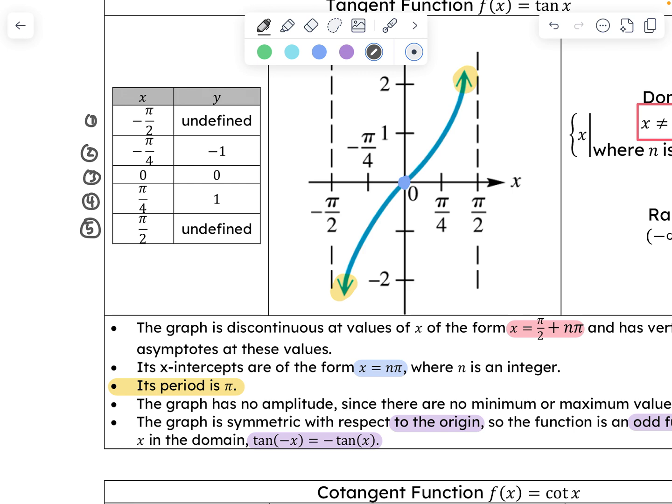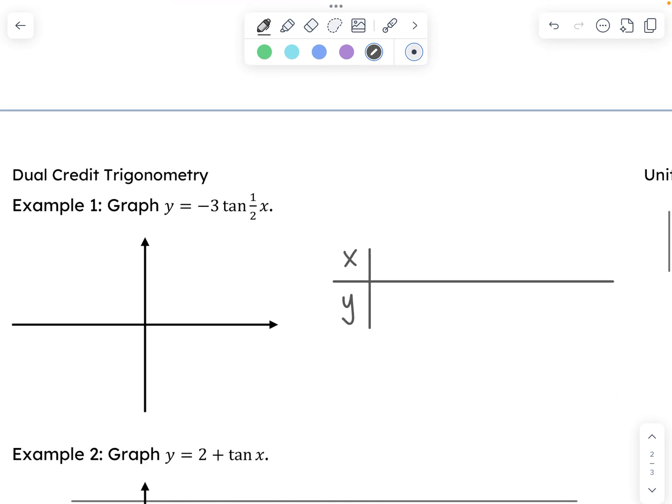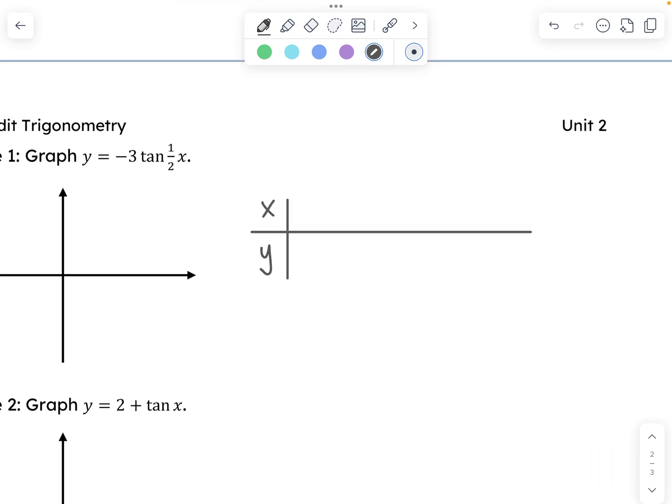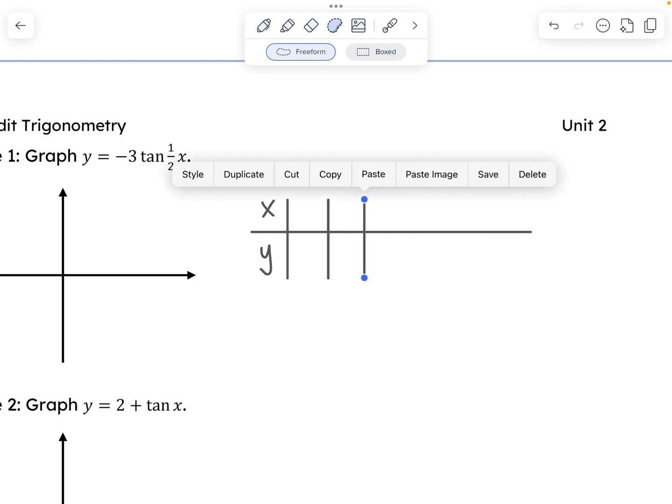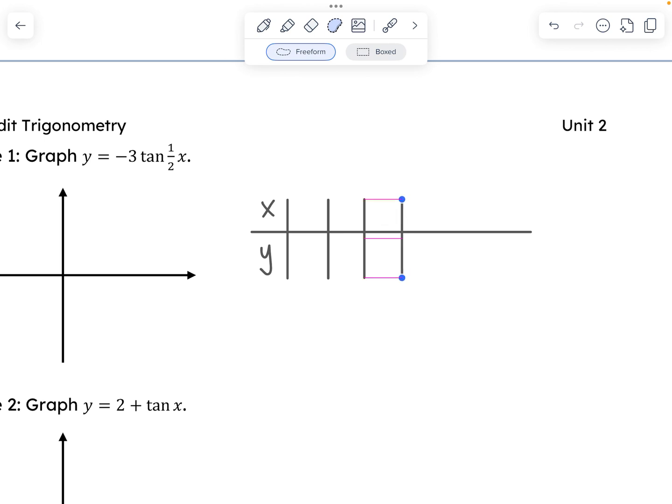So I'm just going to draw the 5 spots and we'll talk about how to figure out where you're going from there. So I'm going to cheat a little bit and copy and paste to help me. So 1, 2, 3, 4, and finishing it off there, 5.